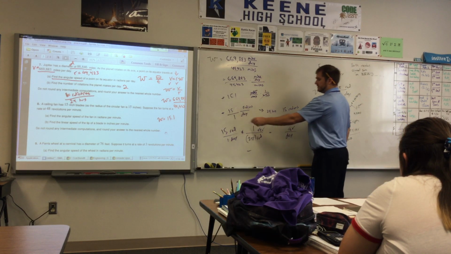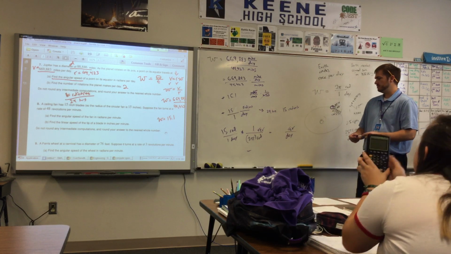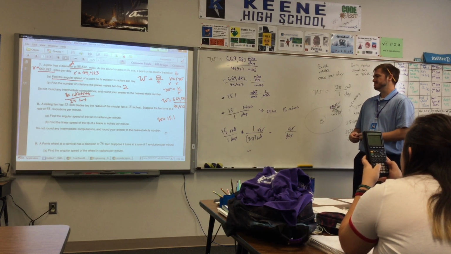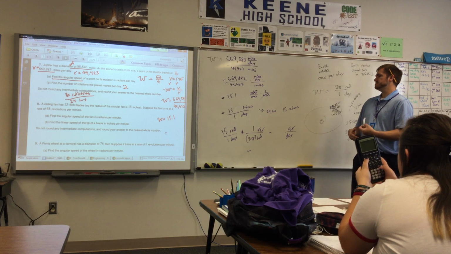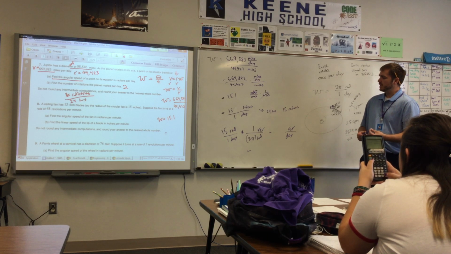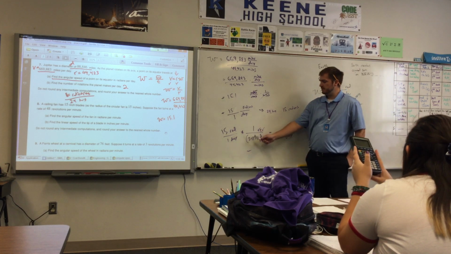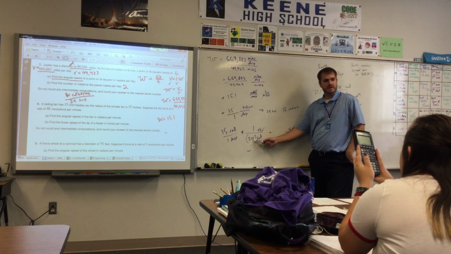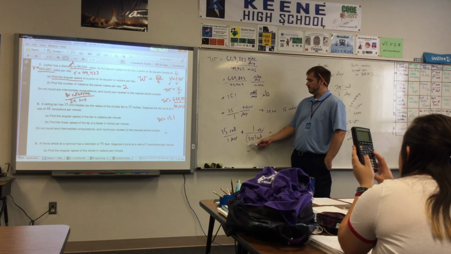All right, so let's do that. 15 divided by 2 pi. You are doing 15 divided by 2 times pi. We need 15 divided by 2 pi.